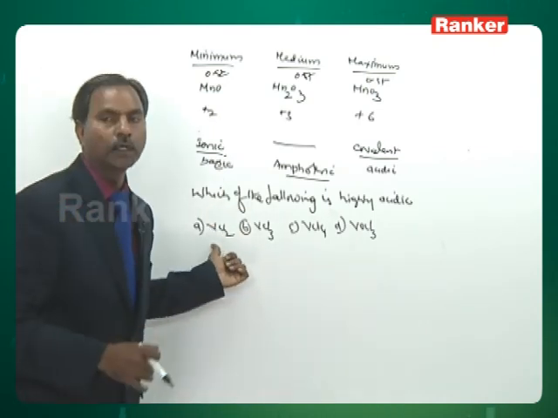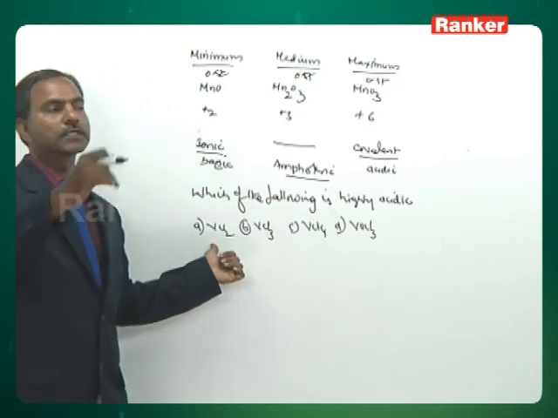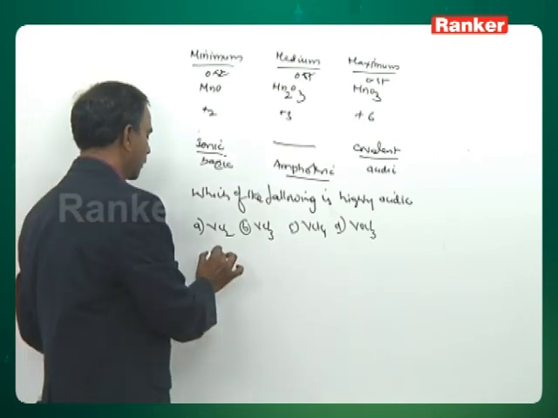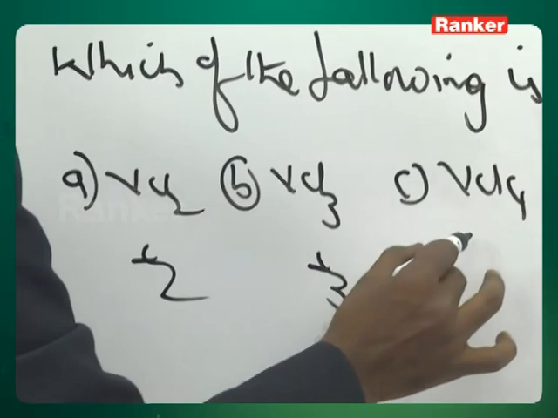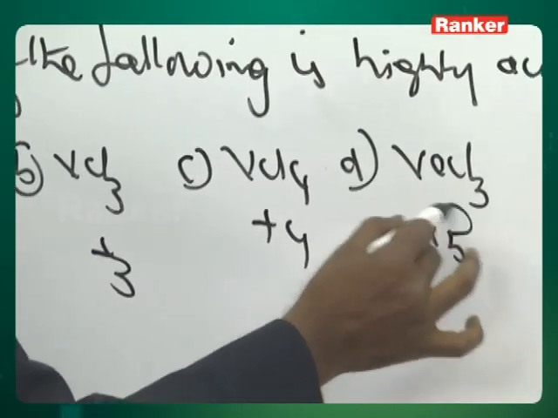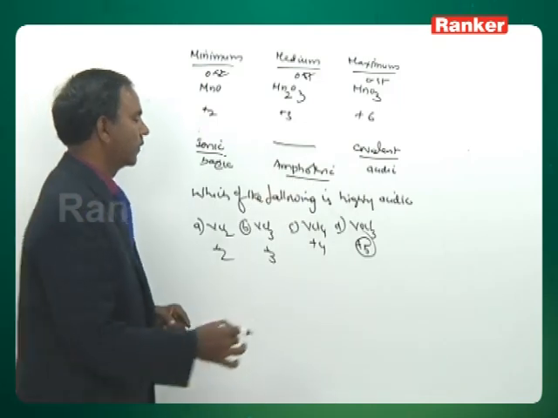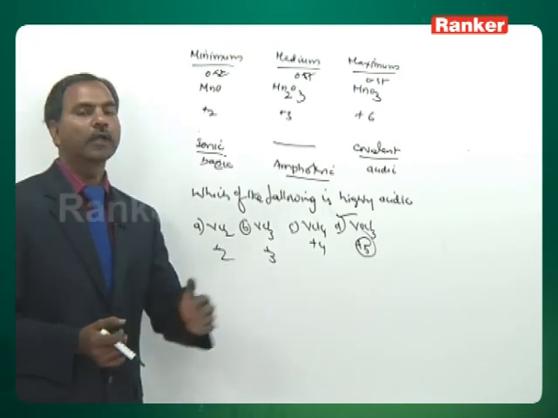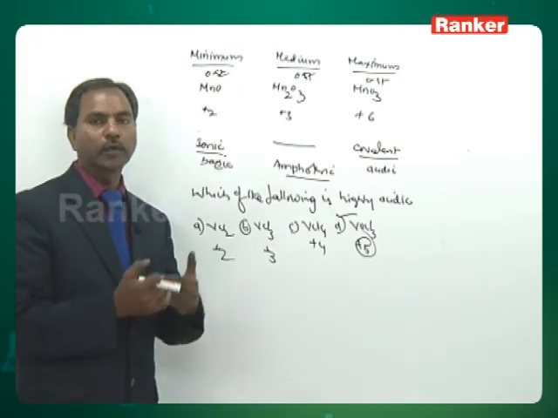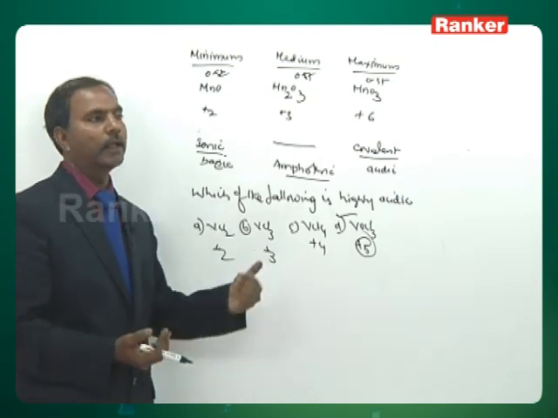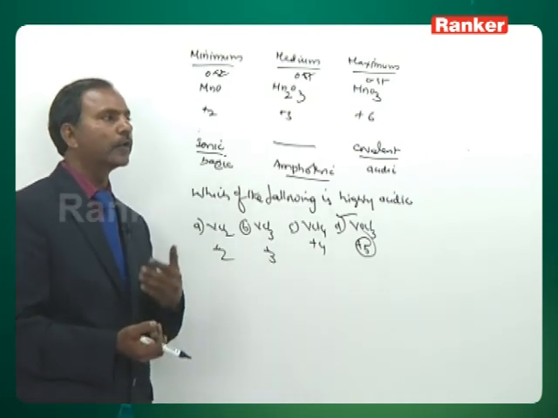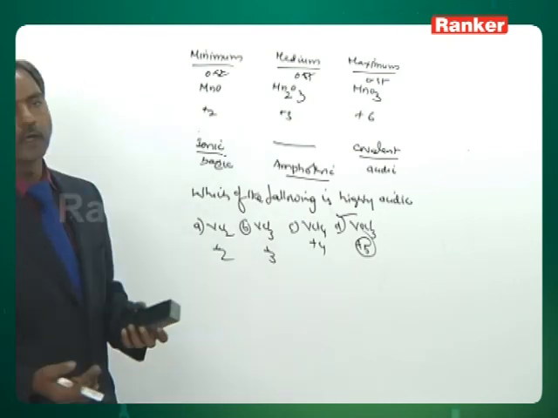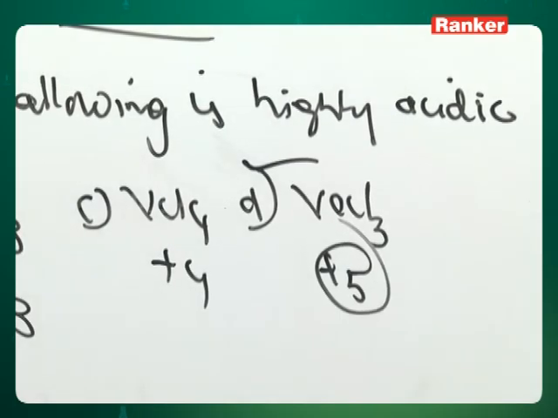Acidic means it should exhibit the highest oxidation state. Here +2, here +3, here +4, but VOCl3 is exhibiting +5. So it has the highest oxidation state, therefore it is the highly acidic compound. Like this, based on the given compounds, see which has the lower oxidation state and which has the higher, and accordingly you can easily decide which compound is more acidic or more basic. This is an easy concept to identify the nature of a given compound.